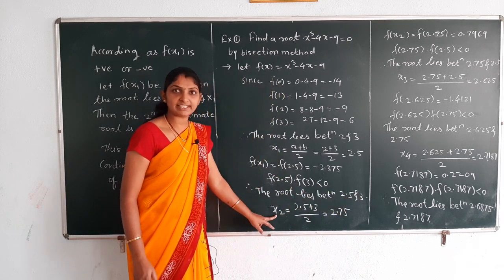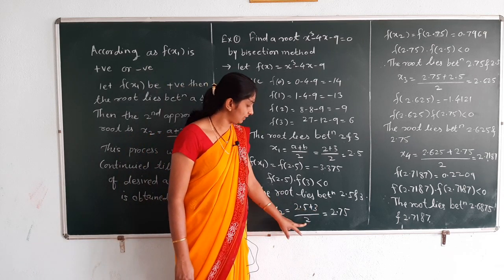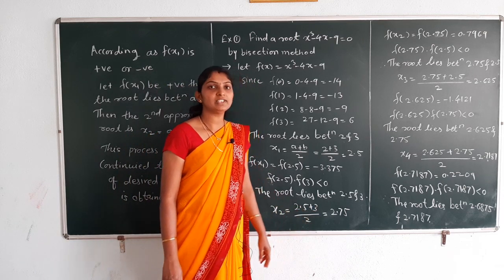Therefore, x2, the second approximation root, is 2.75.